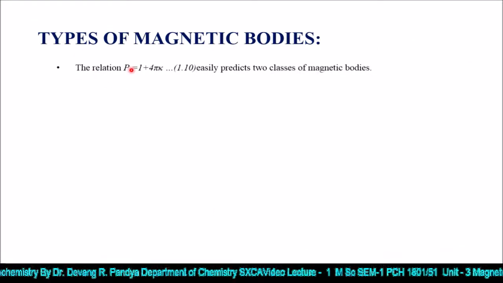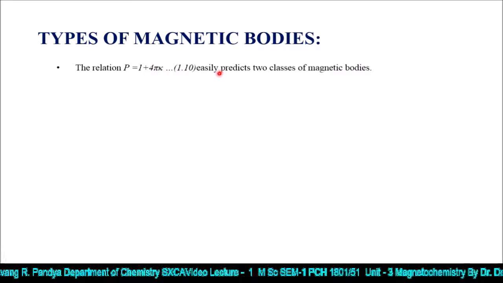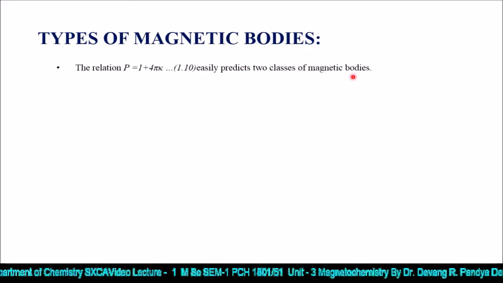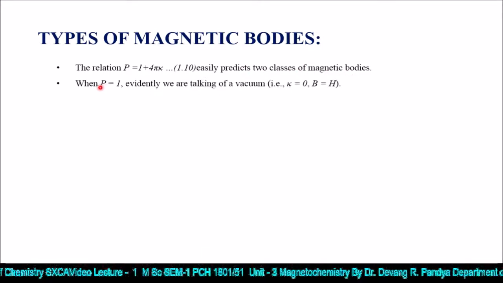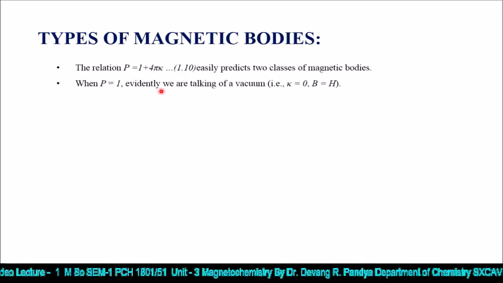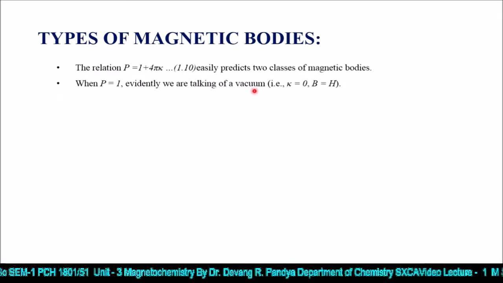The relation P is equal to 1 plus 4 pi kappa easily predicts two classes of magnetic bodies. When P is equal to 1 in this equation, evidently we are talking of a vacuum.